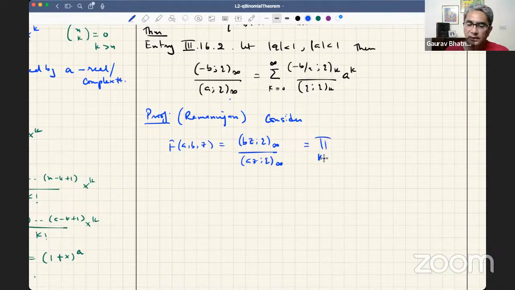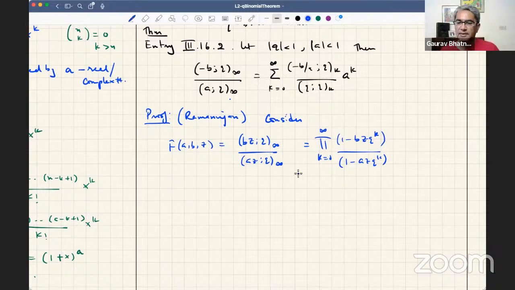So this is the product over k from 0 to infinity of 1 minus bz q to the k over 1 minus azq to the k. We had seen such products come up in the Rogers-Ramanujan identities, so it's quite natural to consider something like this, and we expand it as a power series. You could take it to be a formal power series in z.